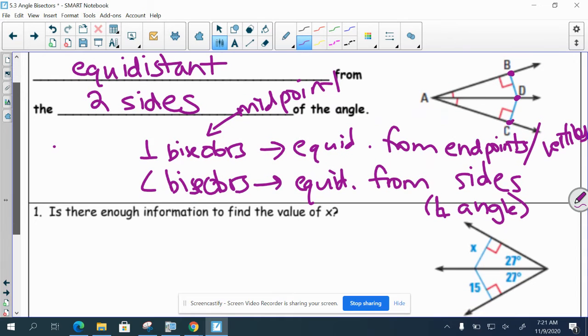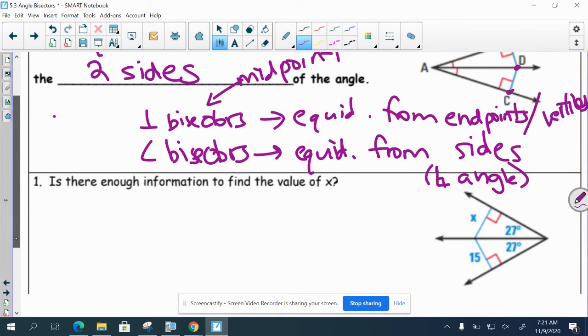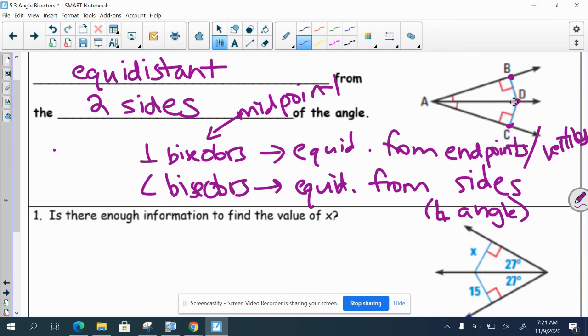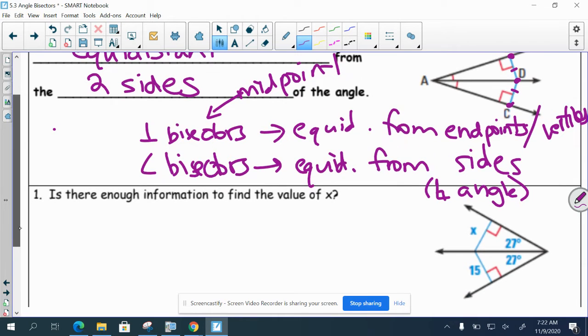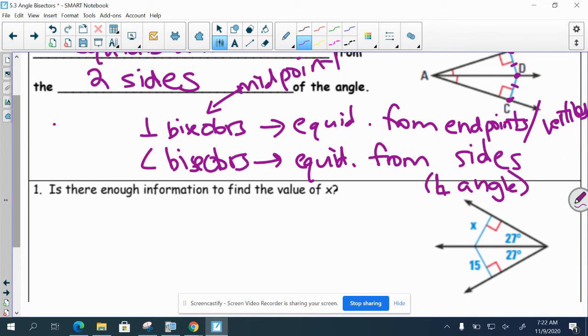All right, and then also when you've got these segments here, these will be congruent. All right, so for your perpendicular bisectors, they're not always going to be congruent. So we're just going to see if there's enough information to figure out the value of x.